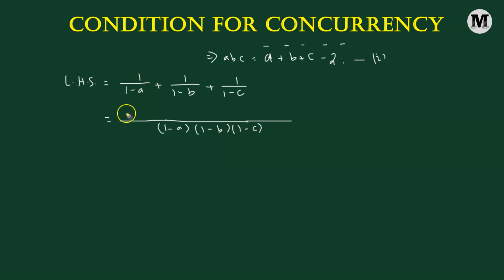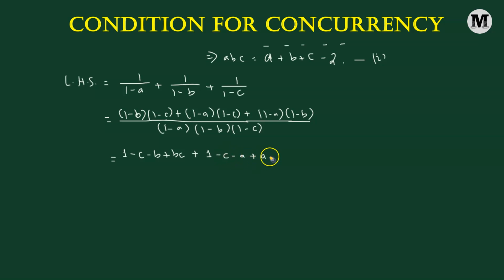Then in the numerator, for the first term, we have 1 minus b multiplied by 1 minus c. Added to that, the second term is 1 minus a times 1 minus c. And the third term is 1 minus a multiplied by 1 minus b. Okay, let's expand both the numerator and the denominator. So we have 1 minus c minus b plus bc. Then 1 minus a times 1 minus c becomes 1 minus c minus a plus ac.